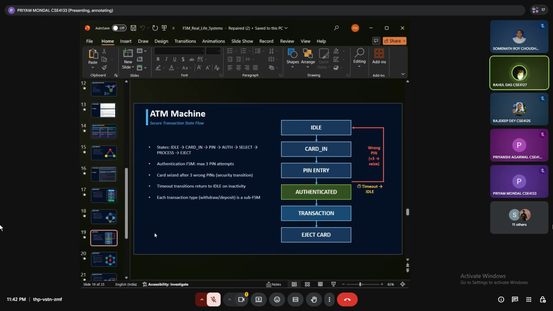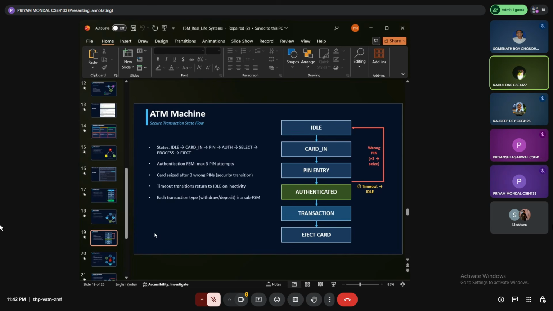If you enter the wrong PIN 3 times, the card gets seized, and after that, if you take too long, it resets back to idle. Every step is a state, every action is a transition. That's FSM in real life.